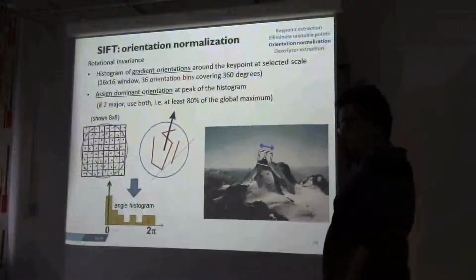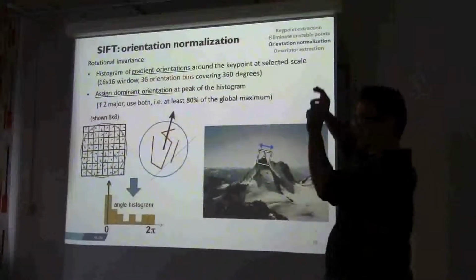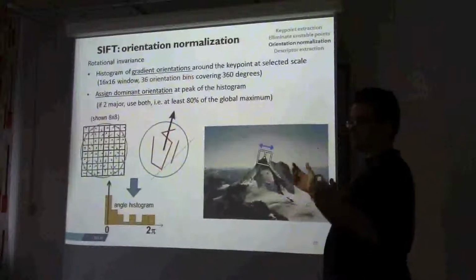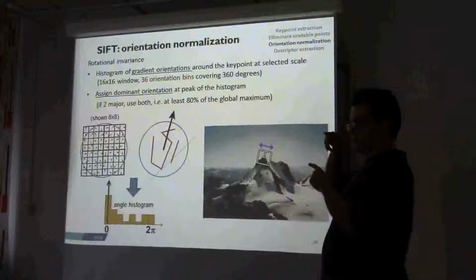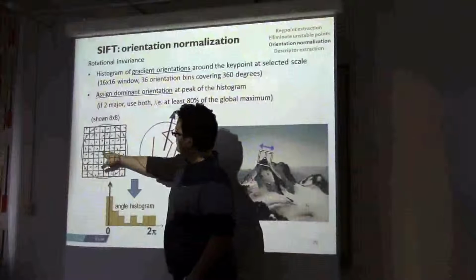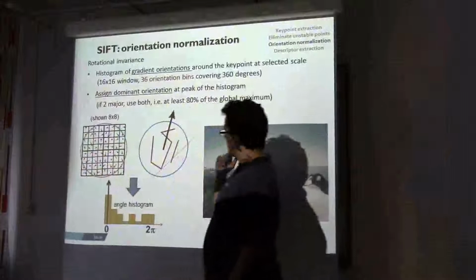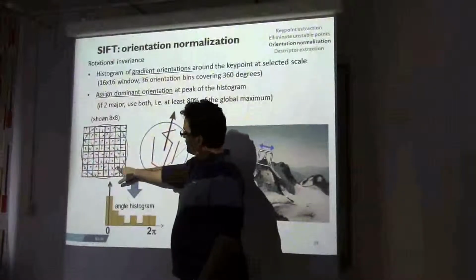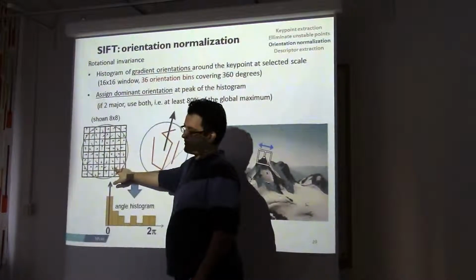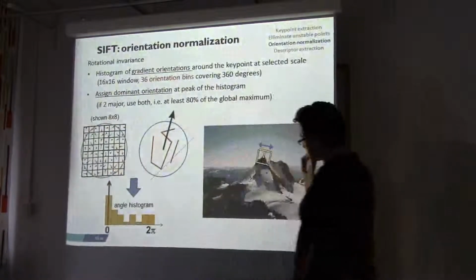In this method, they are using a very simple gradient extraction method based on the points around the neighborhood, not advanced edge detection, nothing, just differences between gray values around. So imagine that this is the point that we have detected, and this is the neighborhood around, the different pixels around. This is representing the orientation based on the gradient, and the strength, the magnitude of the gradient. The length of the arrow is representing the magnitude.